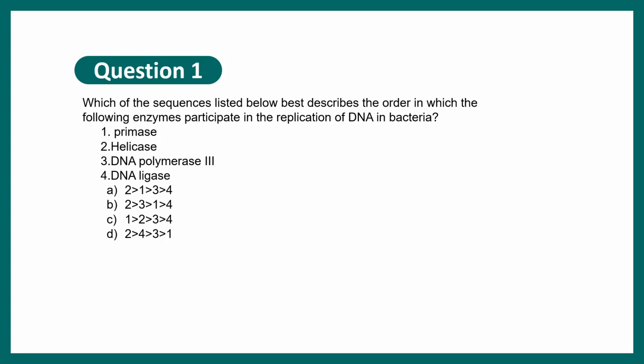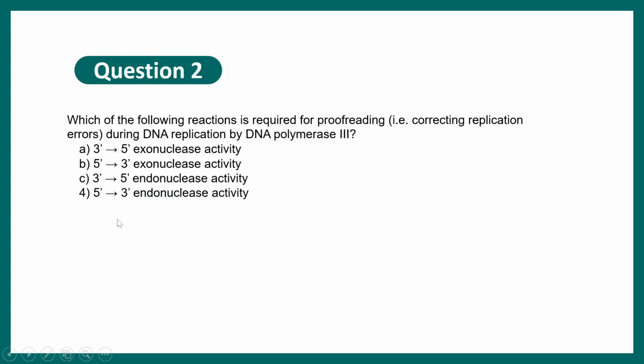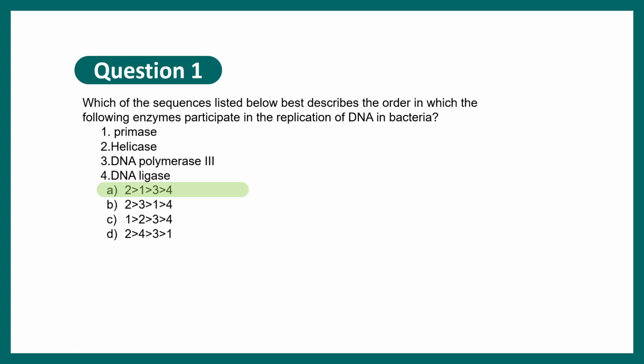So obviously the correct answer would be option A, because helicase acts first and unwinds the strands. Then there would be primase, which forms the primer. Then there would be DNA polymerase 3, and DNA ligase will eventually seal the gaps. So that is why option A is correct.